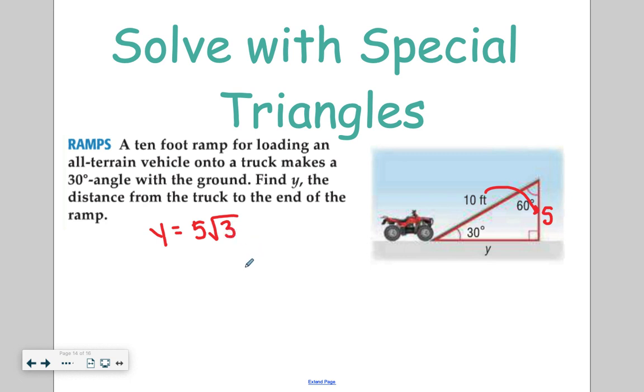And then when I do that, since it is a word problem, you are going to actually want to solve this value so that we can have an actual answer. So you would take the square root of 3 and multiply it by 5, which is going to give you an answer of 8.66 feet.